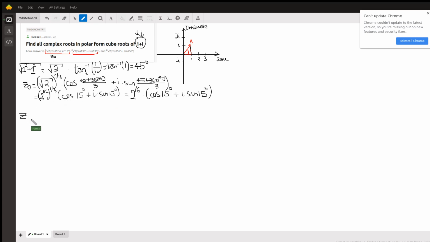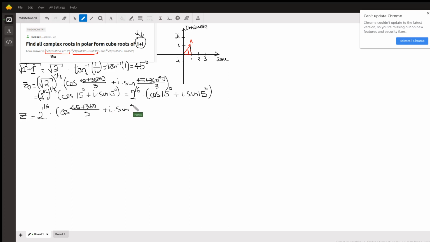So for z1, I'll just set it up and let you finish it and do z2 as well. It's going to be 2 to the 1/6 times cosine of 45 plus 360 times 1, which is just 360, and then we still divide by 3, same angle for i sine.